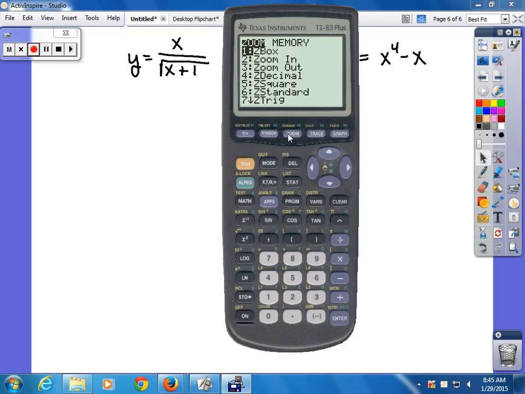So let's take zoom box. You know I'm a CAD person because I know how to zoom window. I'm the only person I think that ever does this. I'm used to zooming with a window. Sorry, zoom box.